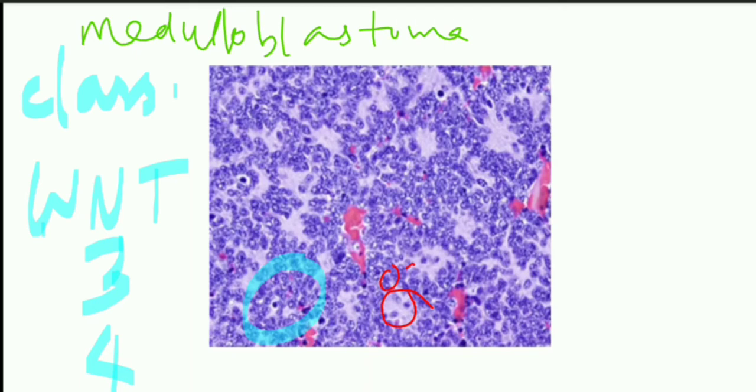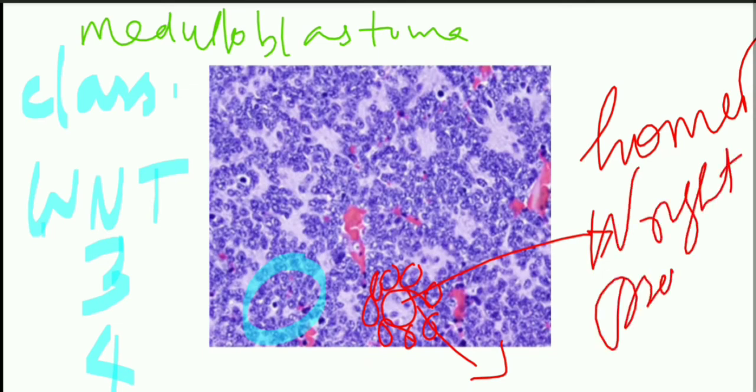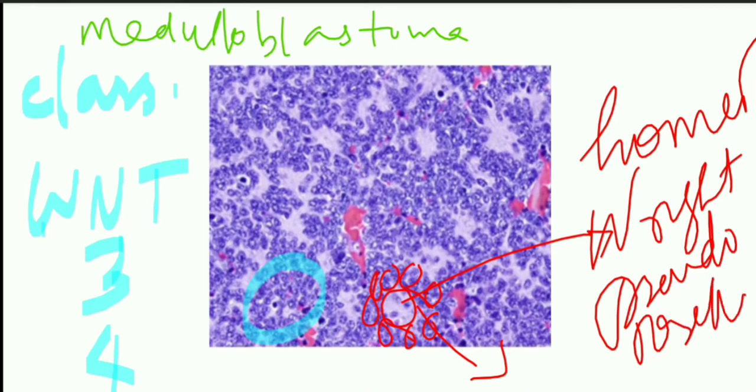The arrangement of the small round blue cells here is called Homer Wright pseudorosettes, because in the center you have a central fibrillary part surrounded by these small round blue tumor cells. So that is about classical medulloblastoma. Here you can see Homer Wright pseudorosettes.